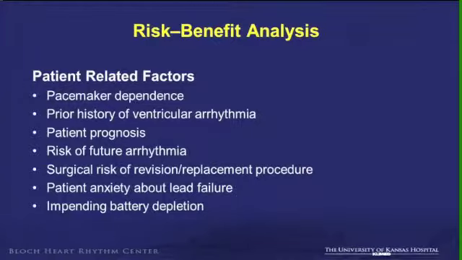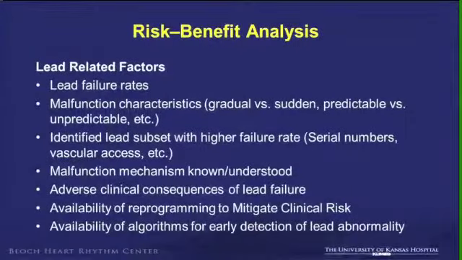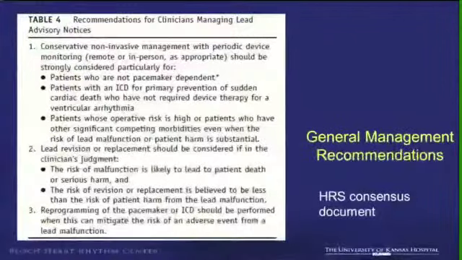Prior history of ventricular arrhythmias, primary prevention, secondary prevention, assessment of their life expectancy, impending battery depletion, and anxiety about lead failure. So patient-related factors are very important, as are the lead-related factors. If you have a subset of high failure leads, then probably you need to be more aggressive. All these things should be combined, and most of the HRS consensus document is being conservative till you find any major abnormalities. I think that's all I have.